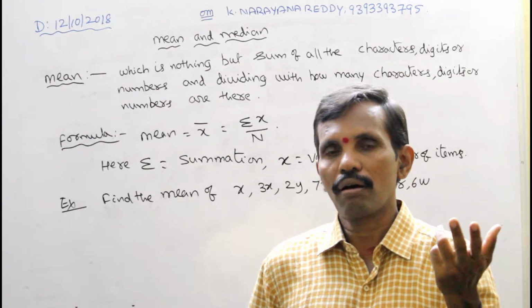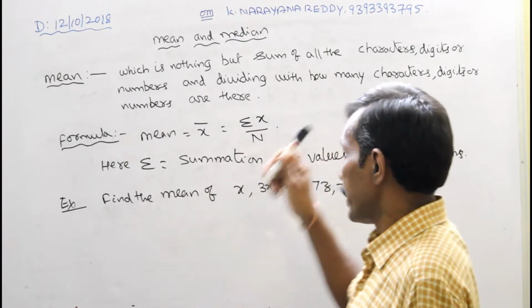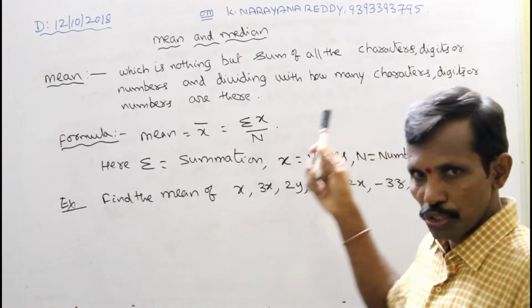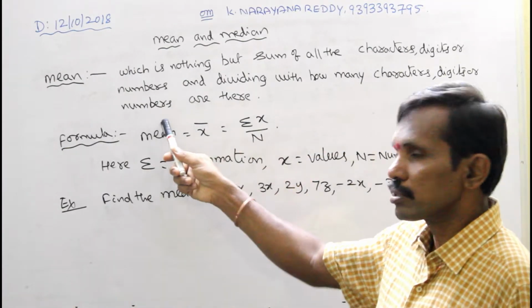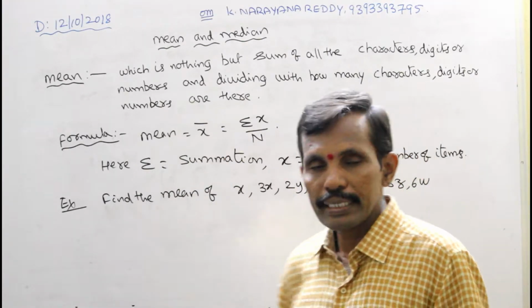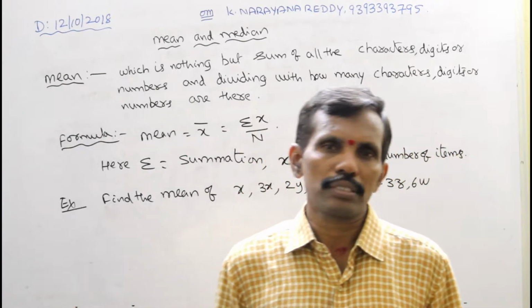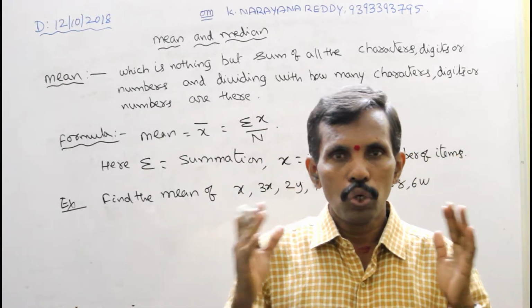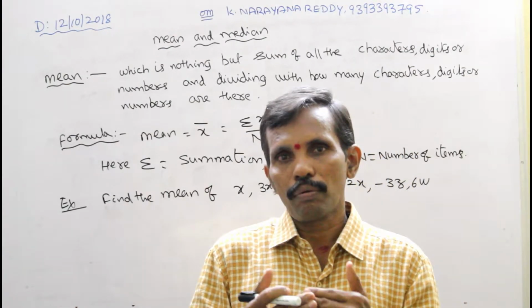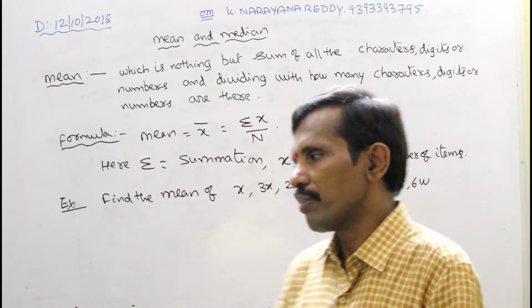The summation of these divided by the number of terms is called the average.